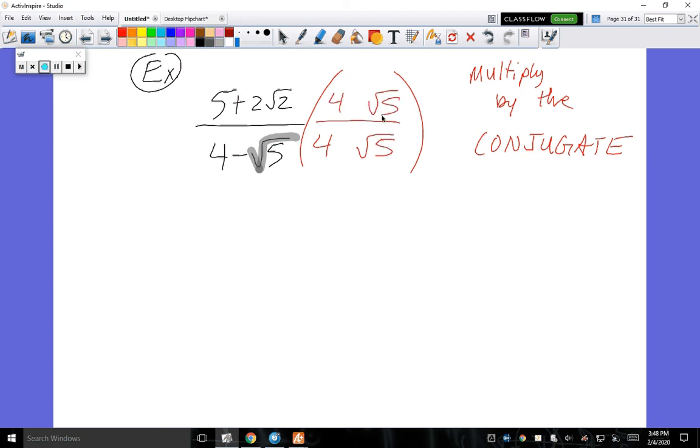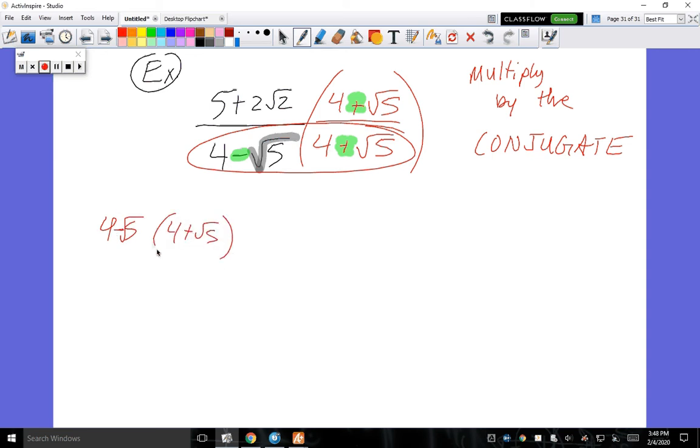The only difference is your goal is to do the opposite sign, because guess what I'm looking at right now? Not 0, but a difference of squares. 4 minus root 5, 4 plus root 5.